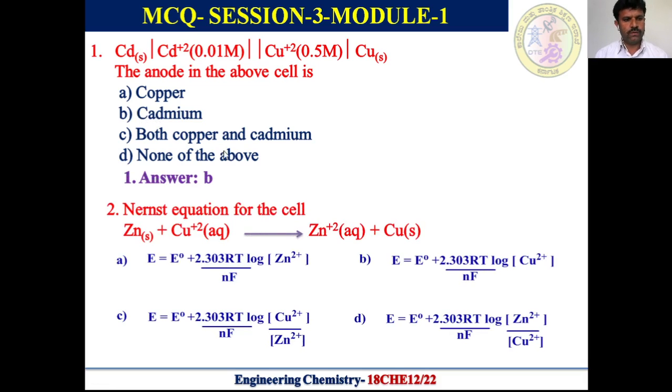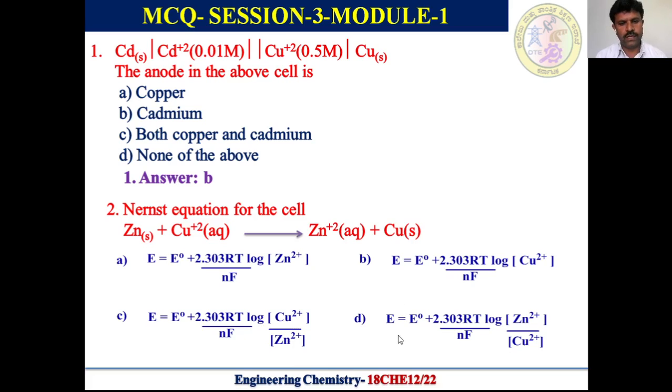Question number 2: Nernst equation for the cell Zn + Cu2+ gives Zn2+ + Cu. Option A, E is equal to E naught plus 2.303 RT divided by nF log of Zn2+. Option B, the same with log of Cu2+. Option C, the same with log of Cu2+ divided by Zn2+.